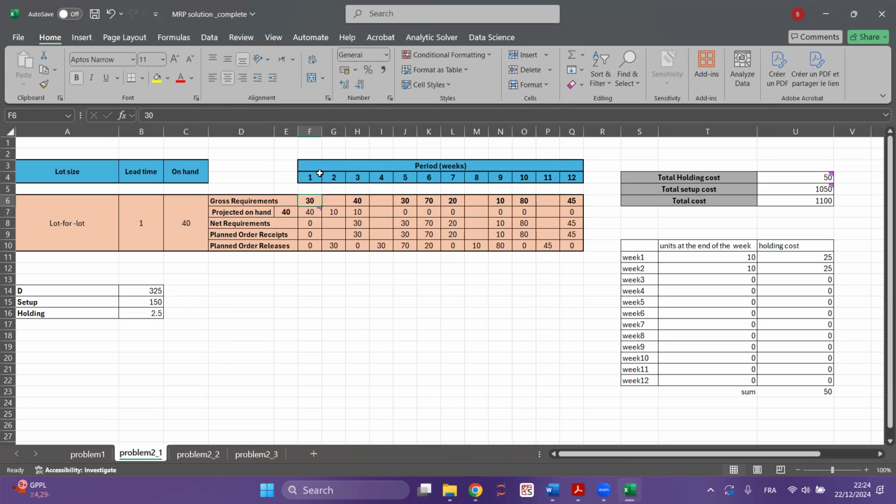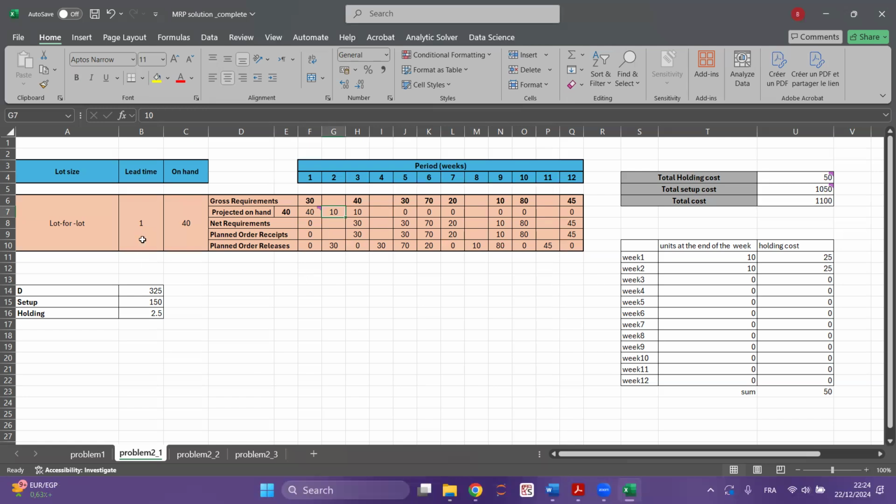We have the gross requirements for week 1, 30. And so the beginning inventory on hand in week 1 is 40. Of course, we're going to be using 30 units of those units on hand. So we're left with 10 units in week 2.